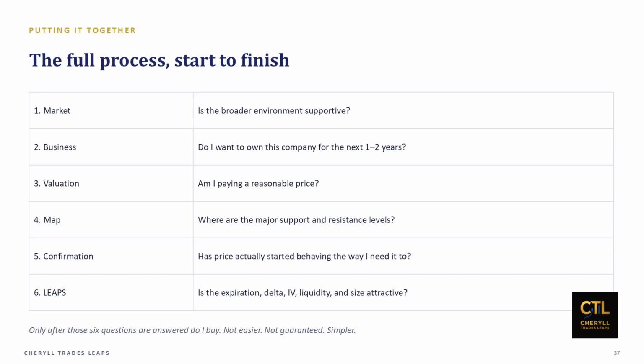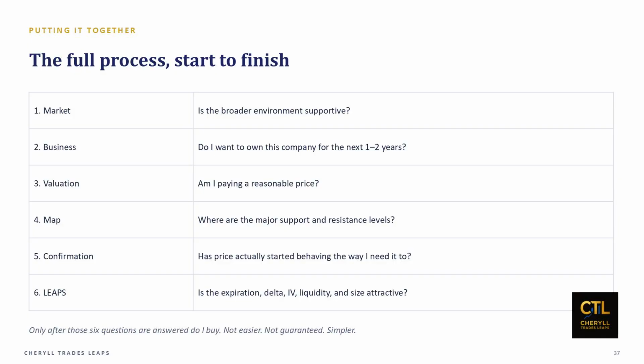Putting the entire system together. So here's what my LEAPS process looks like. 1. Market. Is the broader environment supportive? 2. Business. Do I want to own exposure to this company for the next 1 to 2 years? 3. Valuation. Am I paying a reasonable price? 4. Map.